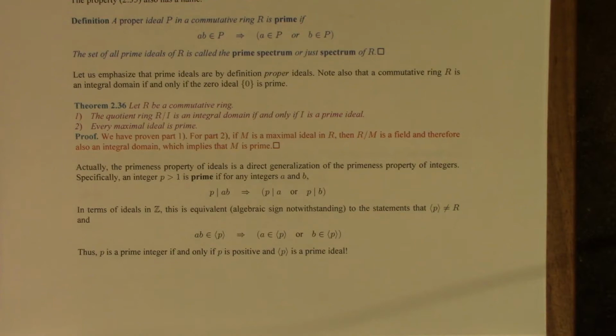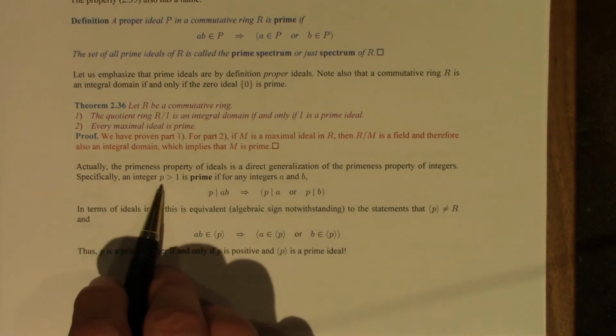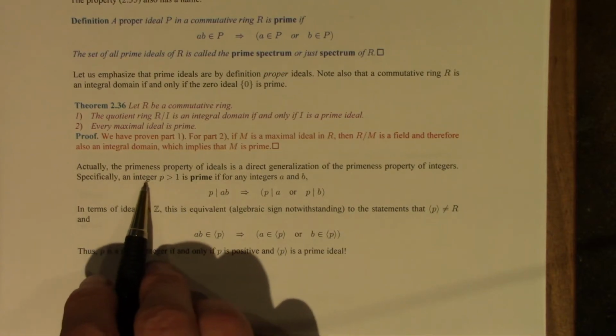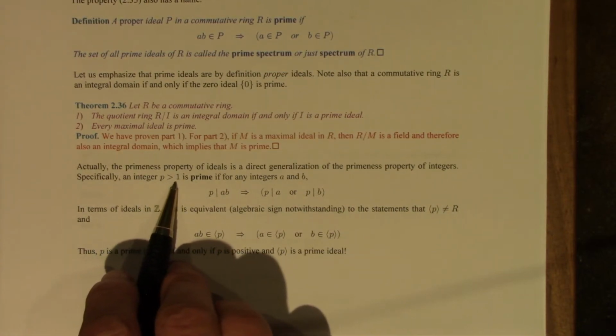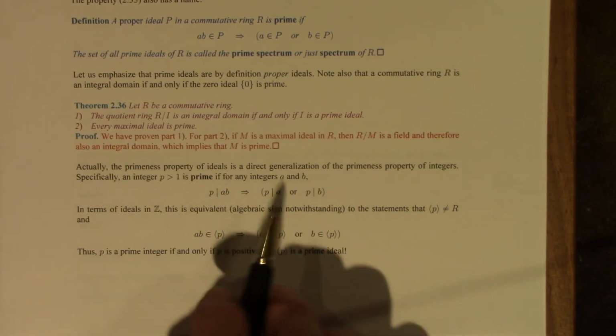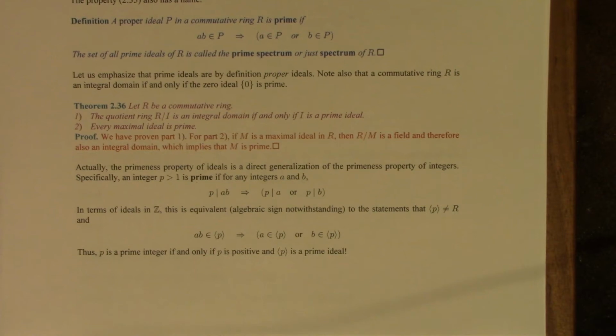Actually, the primeness of ideals is a direct generalization of the primeness property of integers. Specifically, by definition, an integer P greater than 1 is prime if whenever P divides a product, it must divide one of the factors. That's probably not the definition that you hear often. People say a positive integer is prime if it has no factors other than 1 and itself.